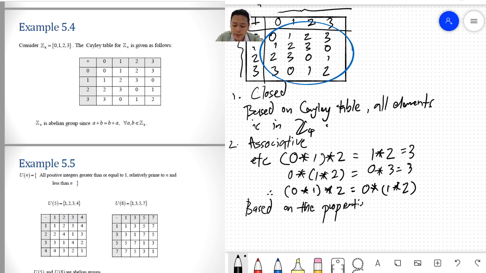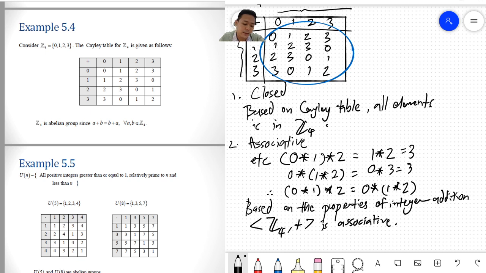Based on the properties of integers, which is also applicable to plus mod n, you can mention that based on the properties of integer addition, Z4 plus also is associative. This is the best answer that can summarize it for every 3 integers. You don't need to show every possible 3 combination. It's sufficient for you just to say this statement.